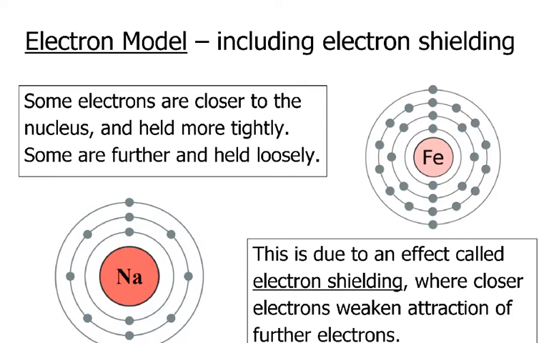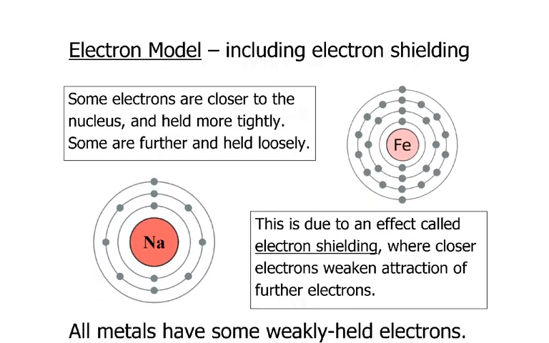All right, so here's the concept of an electron model of an atom. Okay, so we have this atom, or two atoms in this diagram here, or in this slide.